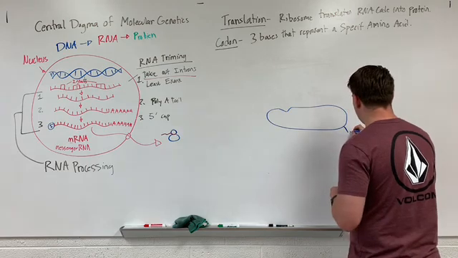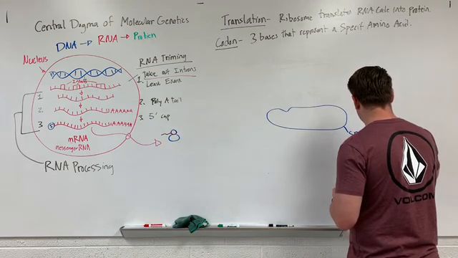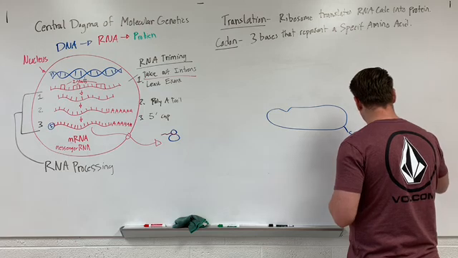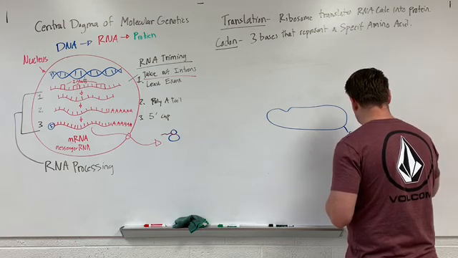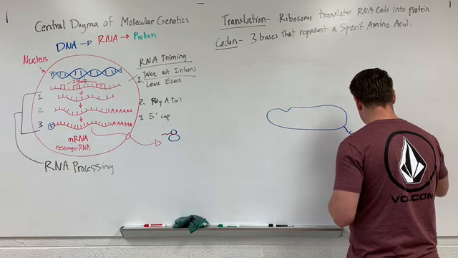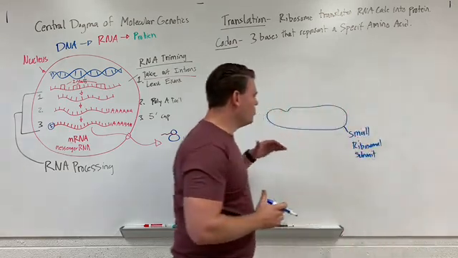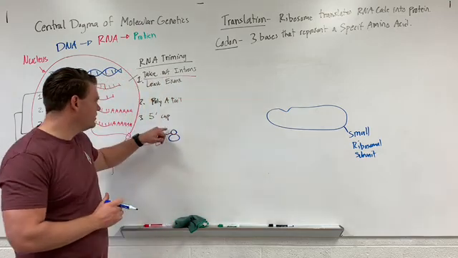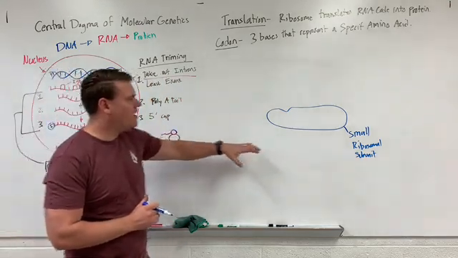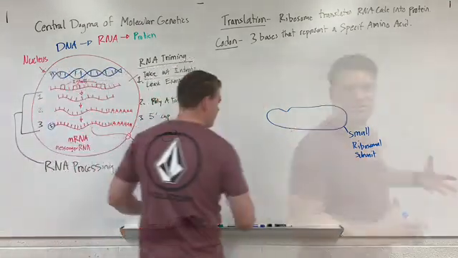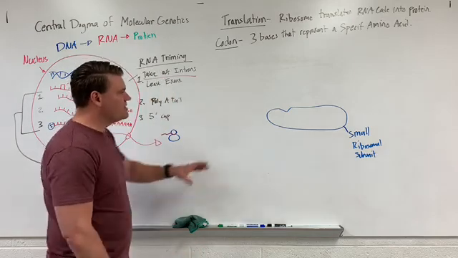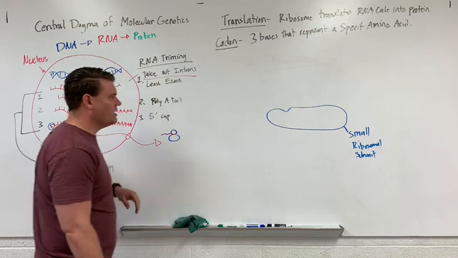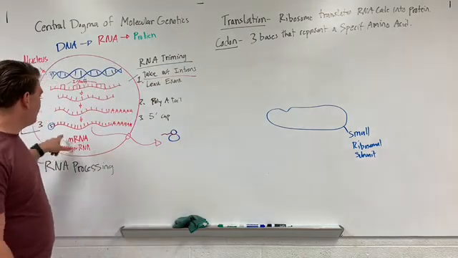So here we have our small ribosomal subunit, which literally just means it's the small part, so this small part of our ribosome. And what happens is it doesn't have the large ribosomal subunit on it yet. It's waiting for our mRNA.